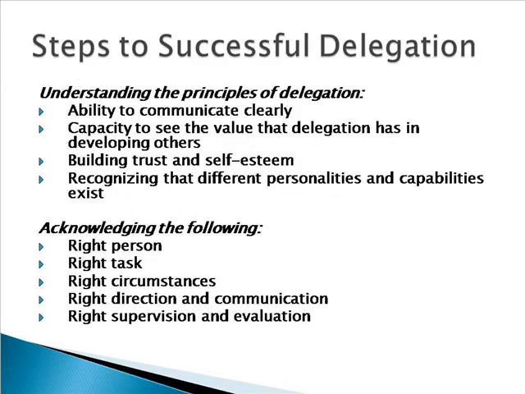Steps to successful delegation include understanding the principles of delegation, the ability to communicate clearly, the capacity to see the value that delegation has in developing others, building trust and self-esteem, and recognizing that different personalities and capabilities exist. Acknowledge the following: the right person, the right task, the right circumstances, the right direction and communication, and the right supervision and evaluation.